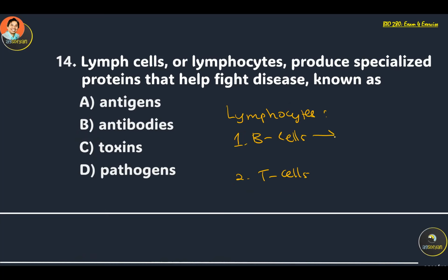The B cell is the one that produces proteins called antibodies. Another name for antibodies is immunoglobulin, or sometimes Ig. These antibodies will fight the antigen. So lymphocytes, especially B lymphocytes, produce antibodies.